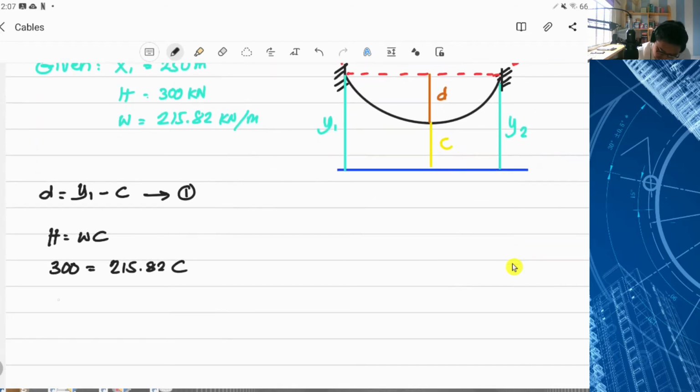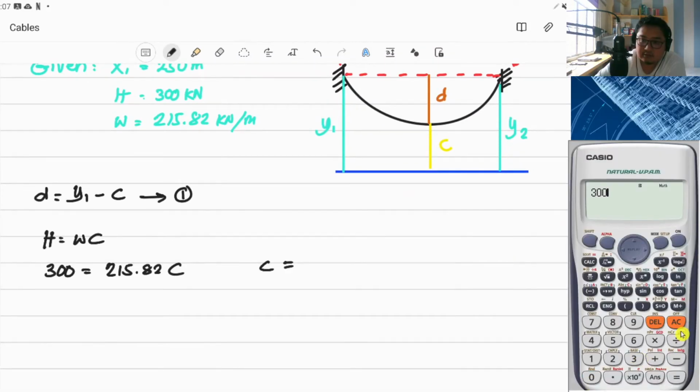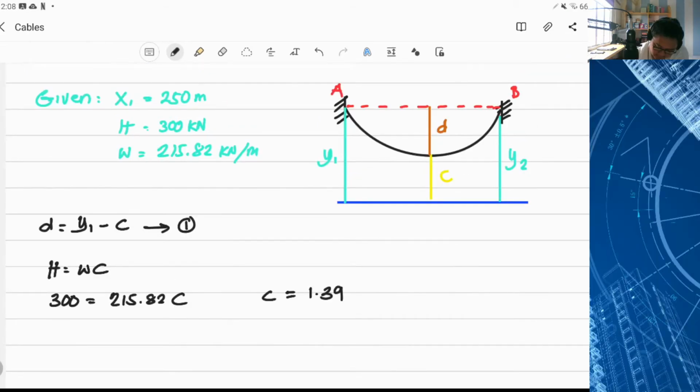C is equal to 300 over 1.39. By the way, I just figured out that the unit of W is not kilonewton. This is so big.